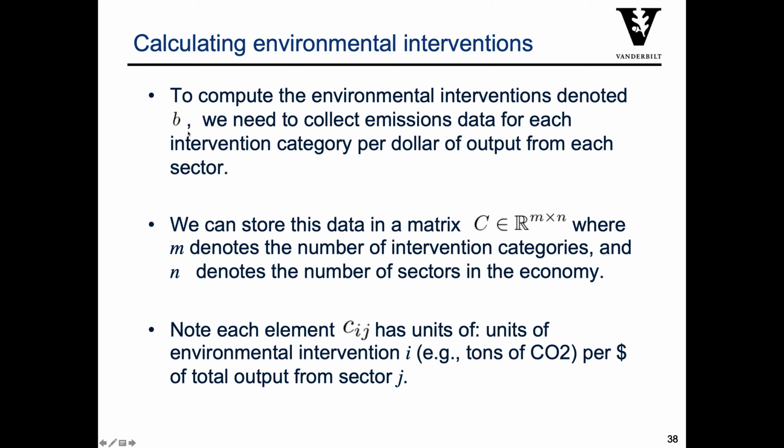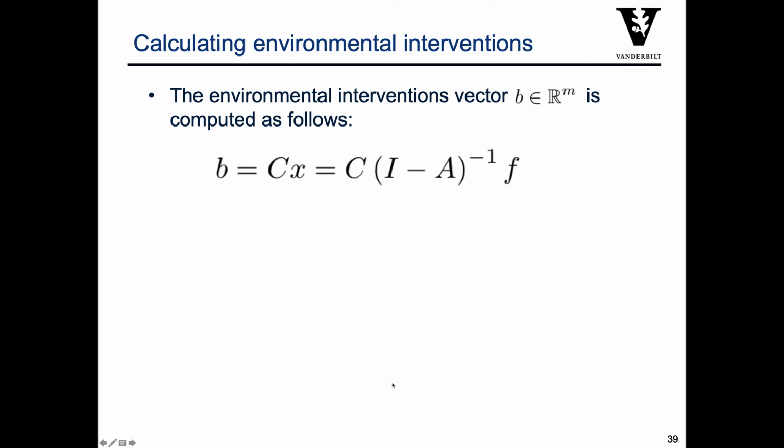So I want to know ultimately an emissions vector B, and if I have, call it M interventions, and I have N sectors of the economy, that means I'm going to need M times N coefficients that convert dollars of spending, or total output from a sector 1 through N, into emissions categories 1 through M. So for example, each element Cij is going to have units of whatever the intervention is, call it tons of CO2, tons of CO2 for $1 of output in sector J. Where I could be tons of CO2, tons of methane, CO2 equivalents, whatever you like, but it converts into those inventories per dollar of spending in sector J.